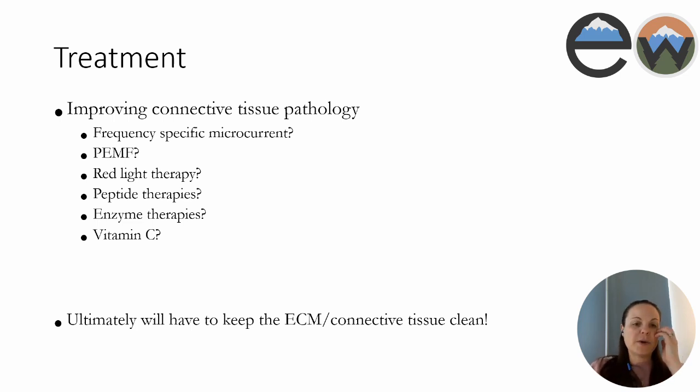There are peptide therapies. So BPC 157, TB 500, BPC 159, I just saw. I'm not going to go down the rabbit hole on that, but could that be effective? Maybe for some people it could be. Enzyme therapies as well. So things like beta glucan is something else that we're thinking about for connective tissue. So maybe we don't have information on this. We have a lot of people trying things.